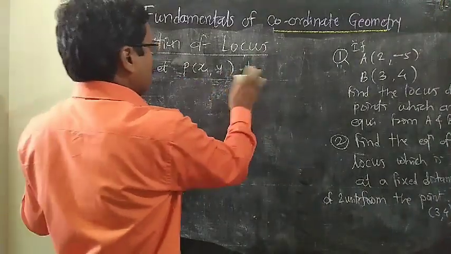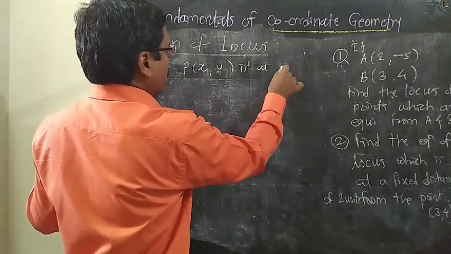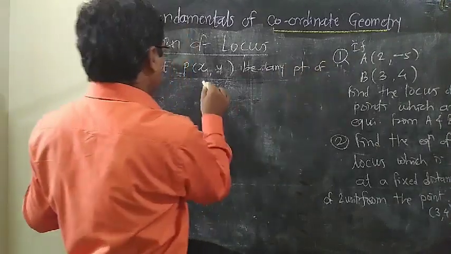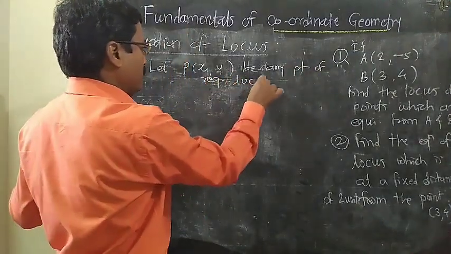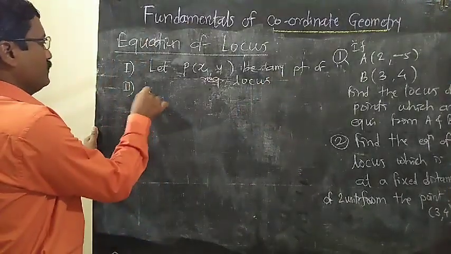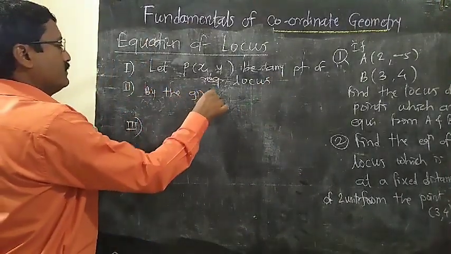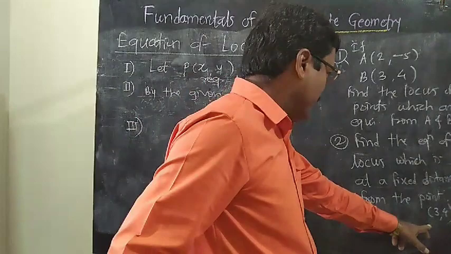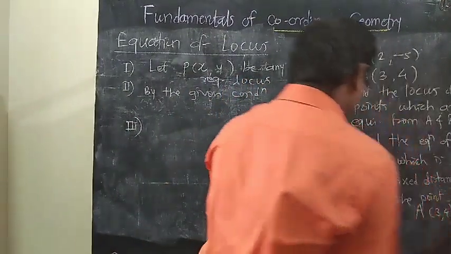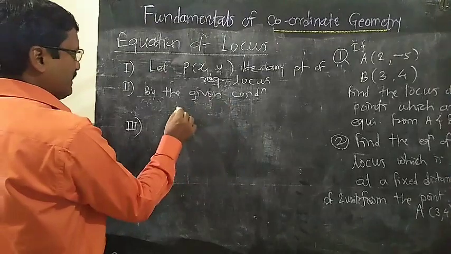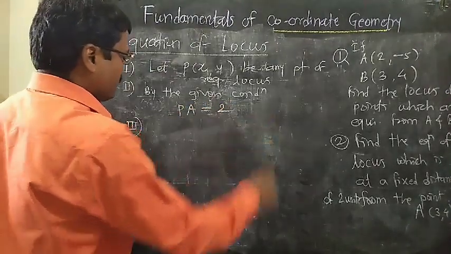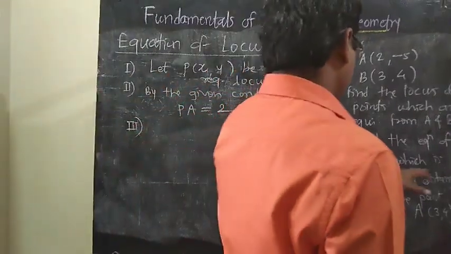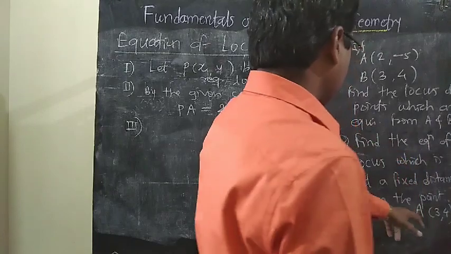Let P(x, y) be any point of the required locus. So by the given condition, the distance of point P from this point A is 2 units. So by the given condition, distance PA is 2, because we have to find the equation of locus which is at a fixed distance of 2 units from the point A(3, 4).